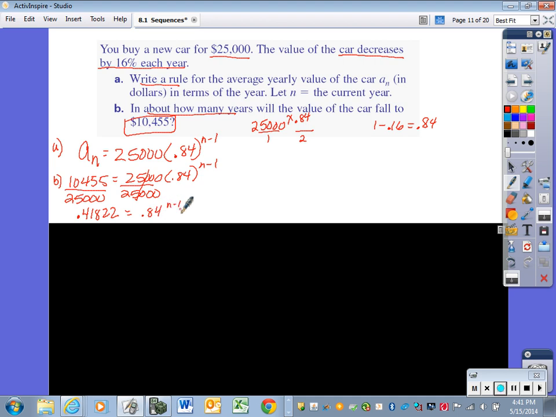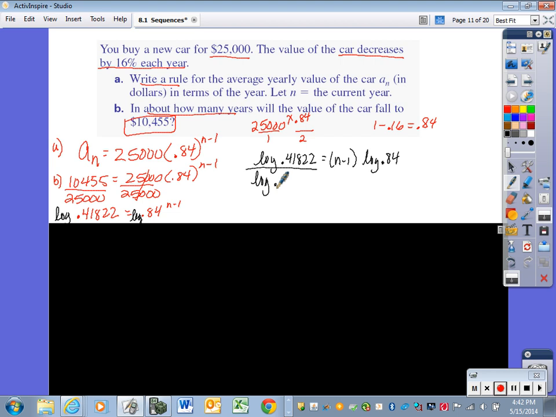Now what? Log both sides because you can never get 0.41822 to be 0.84. So log 0.41822 equals log 0.84. And our exponent moves to the front to multiply, so multiply n minus 1 times log 0.84.